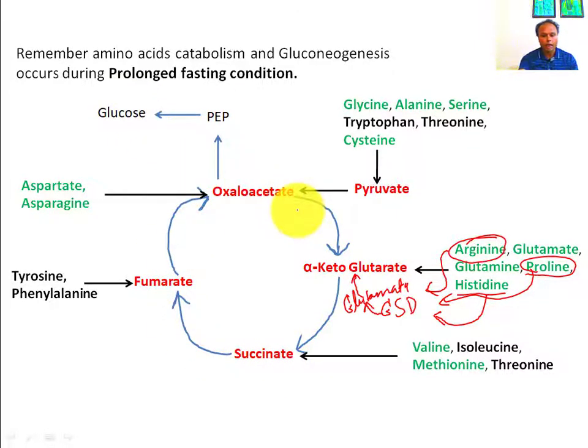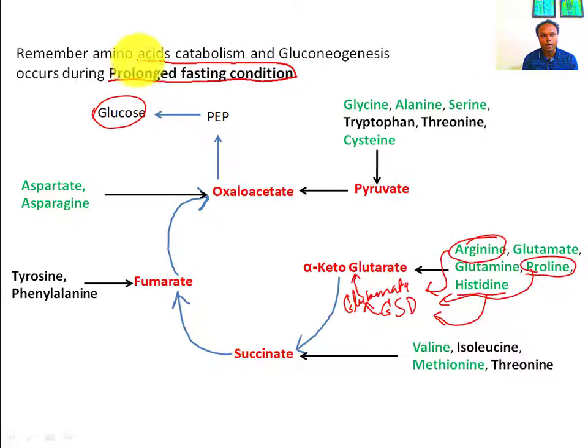And remember, the Krebs cycle during prolonged fasting condition is a broken cycle. That is why oxaloacetate cannot form alpha ketoglutarate. Alpha ketoglutarate ultimately will form glucose. The context we are taking is of prolonged fasting condition.